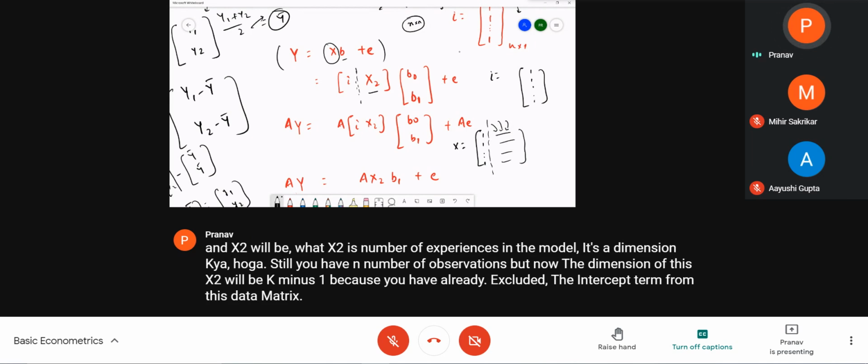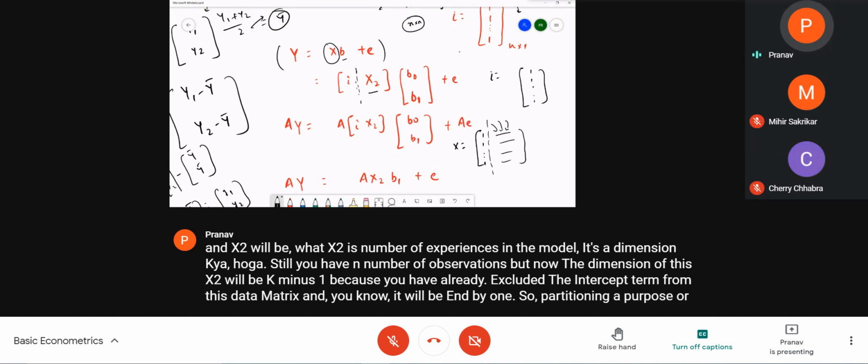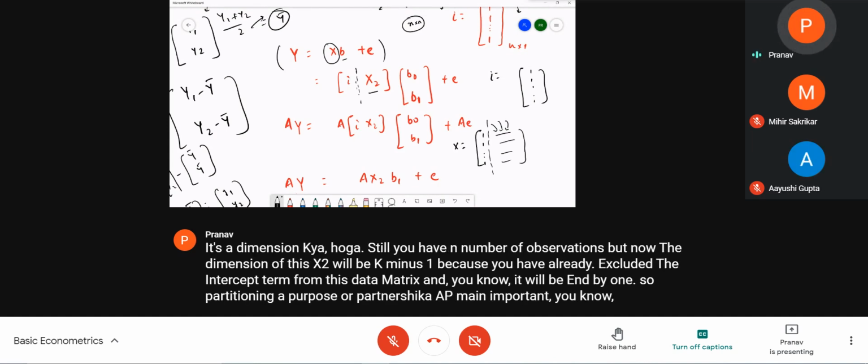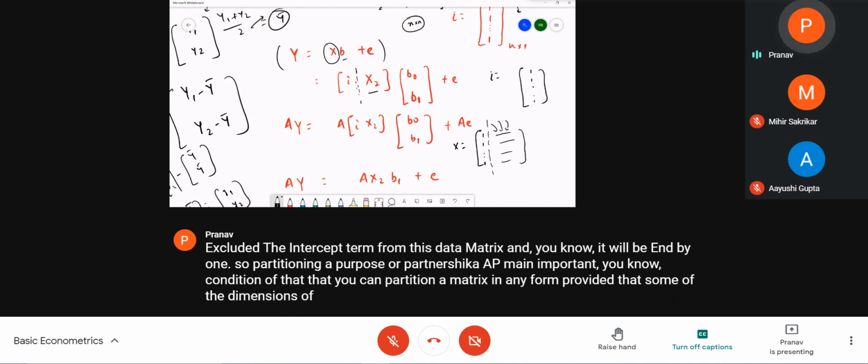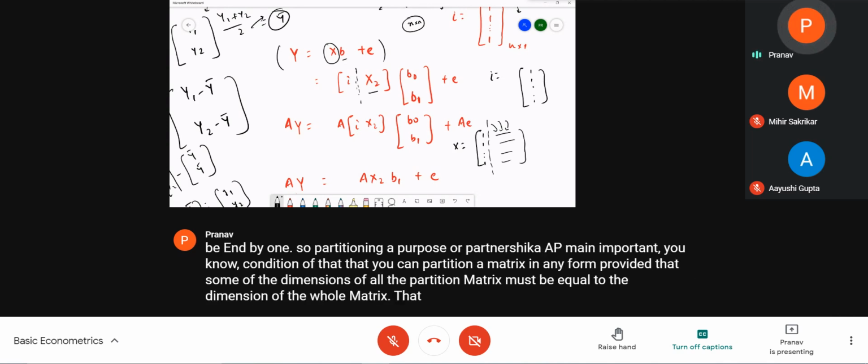So for partitioning, the one important condition is that you can partition a matrix in any form provided the sum of the dimensions of all the partitioned matrices must be equal to the dimension of the whole matrix. That is what you have to always keep in check.